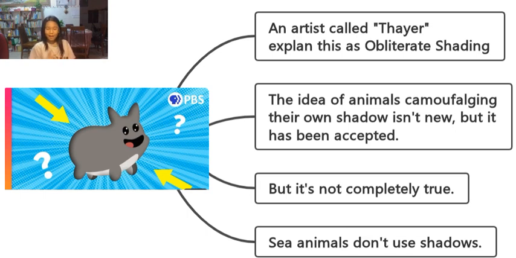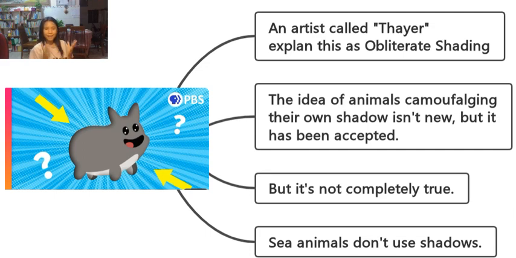And when they camouflage their own shadow, it makes them look just like a boring leaf. Thayer started to explain it with even bigger animals, from ostrich to even usual ducks.